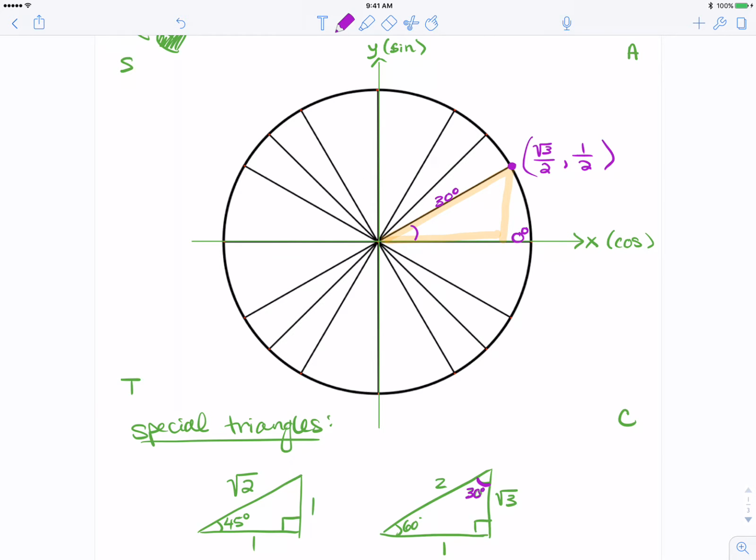Anytime I have a point on a specific unit circle, the x coordinate is always the cosine of that angle. So by looking at this graph called the unit circle, the cosine of 30 degrees is root 3 over 2. If I look at the y component, the sine of 30 degrees is 1/2.